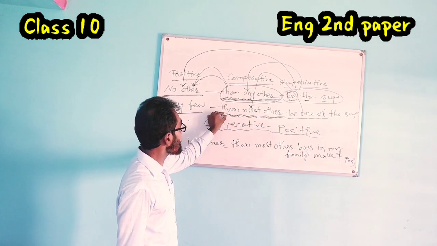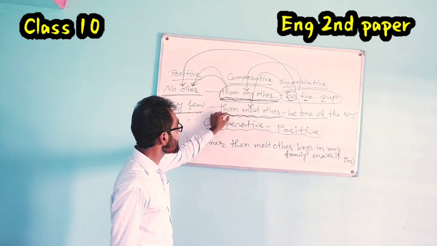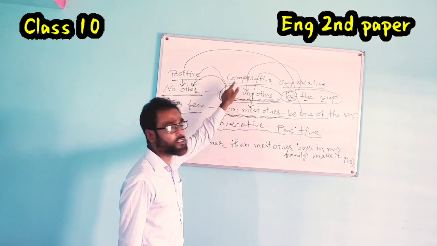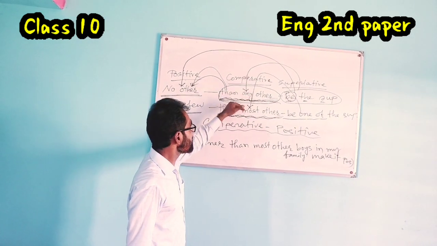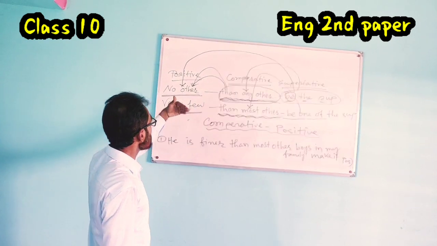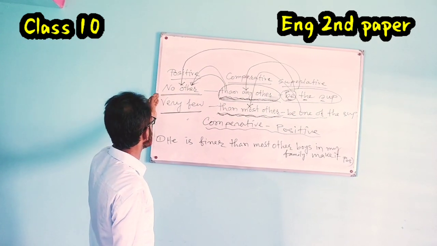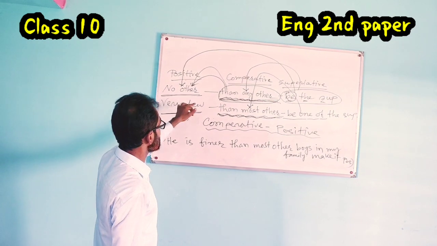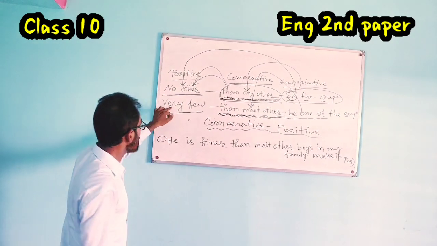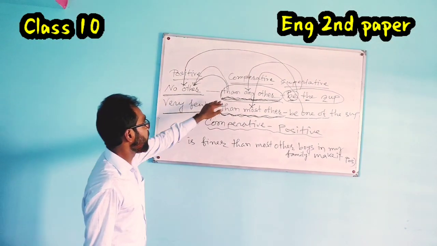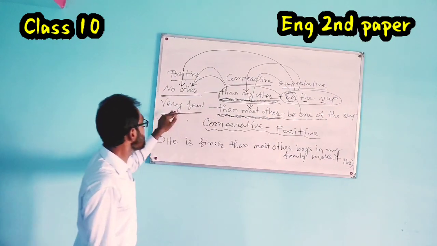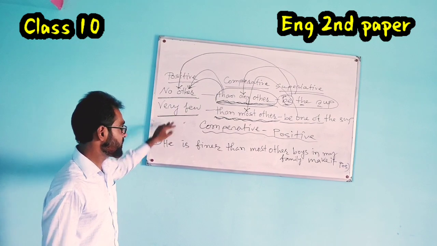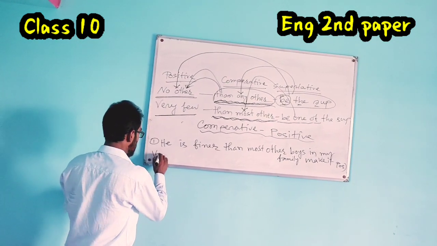If we find a sentence with than most other, that is obviously a comparative degree. But whenever we turn it into positive, we need very few. Whenever than any other, then no other. Whenever than most other, then very few. So very few.